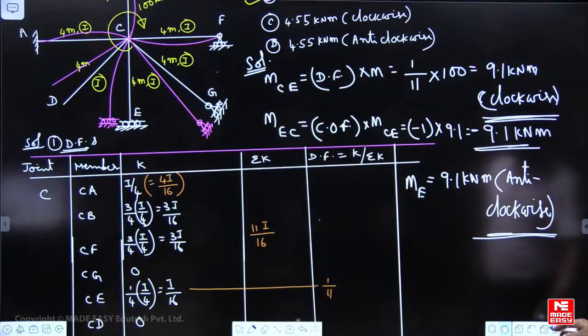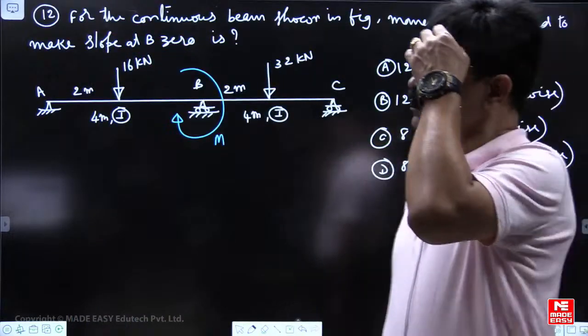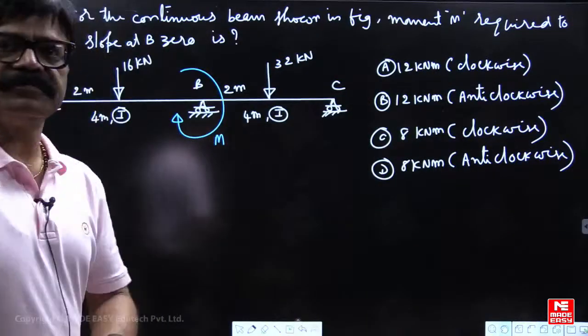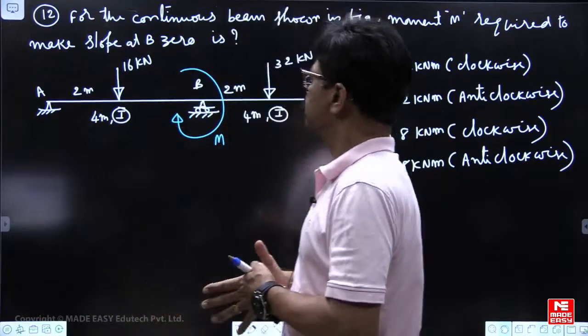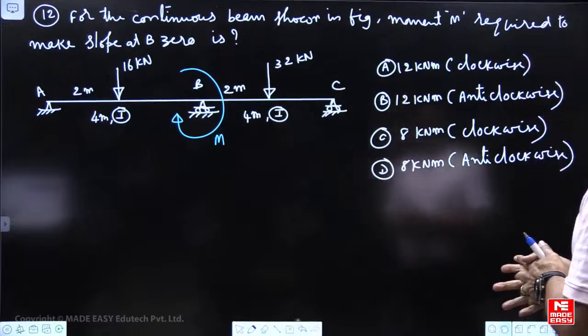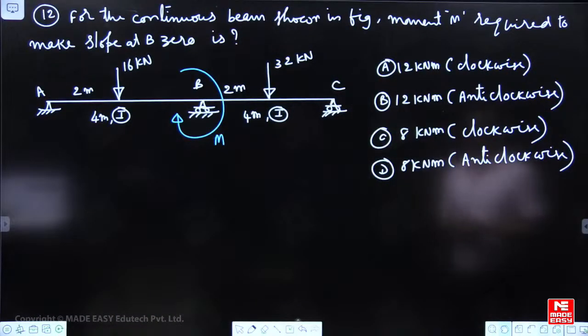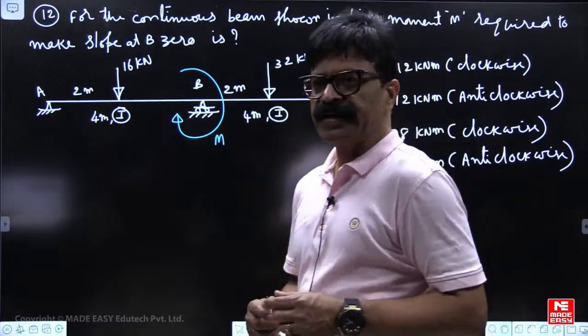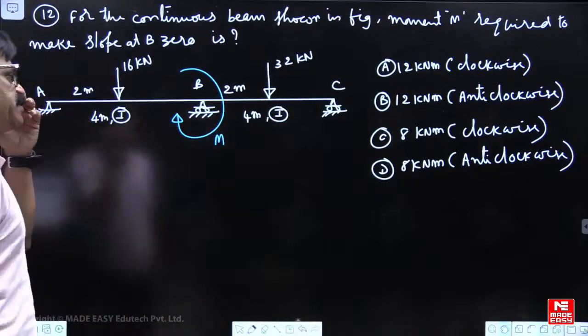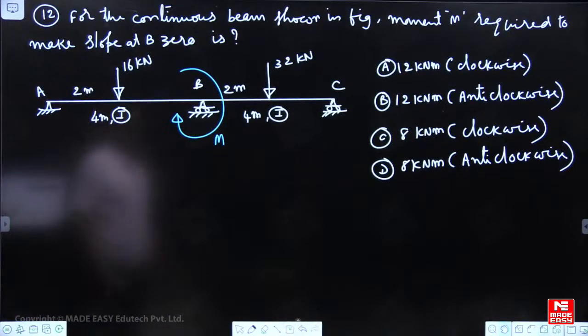Okay, next we'll see. Again, allotted time 1 minute. For the continuous beam shown in figure, moment M required to make slope at D 0. We have a two-span continuous beam, both ends hinge, means roller supports.